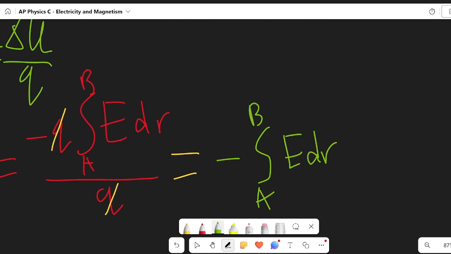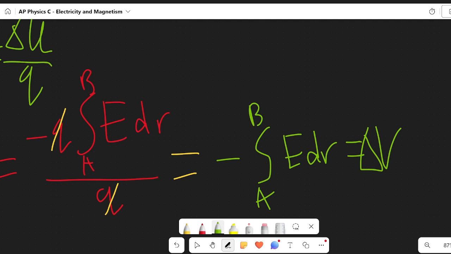This negative integral from A to B of E dr is equal to our potential difference. So this is an equation.